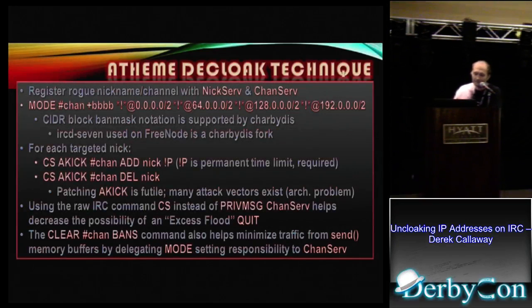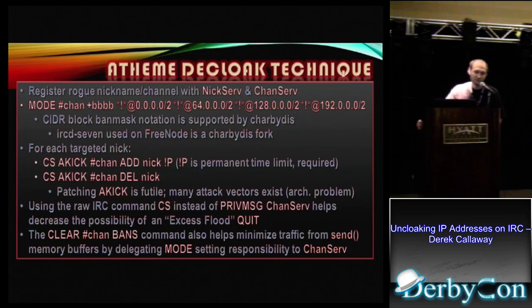So this is how we really do it. The previous two techniques are kind of a joke. What you do is you use CIDR blocks, because nowadays you can include CIDR block notation in ban masks, which allows us to match a much larger address range than you originally would have been able to.